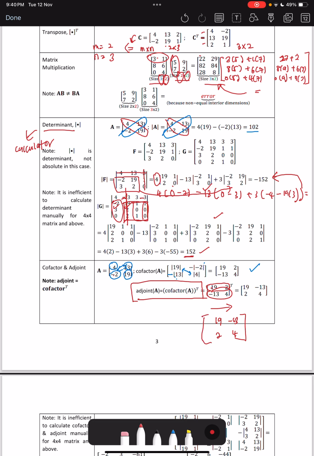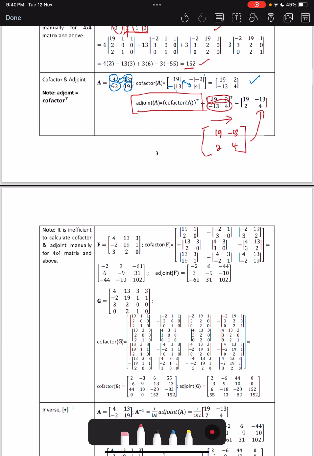So this is the transpose matrix. The cofactor of a matrix, the example now is 2 times 2, easy.